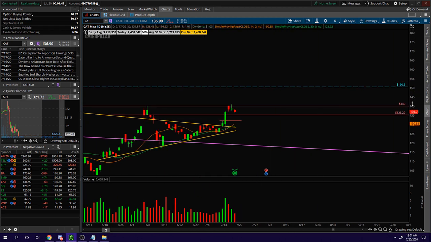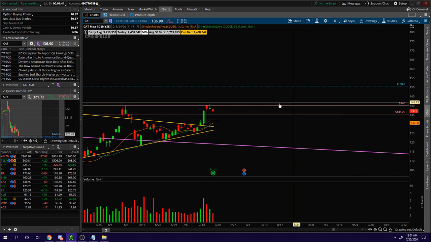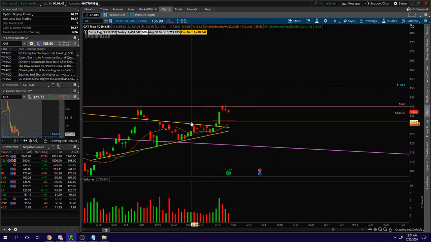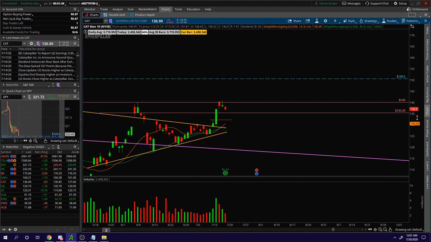What that means is if your strike price of Caterpillar is 130, and it breaks out right here, and your contract expires at 137, just using this bar as an example, then you can exercise that contract and purchase those 100 shares of Caterpillar at $130 since that's your strike price, even if it's currently trading at $137.